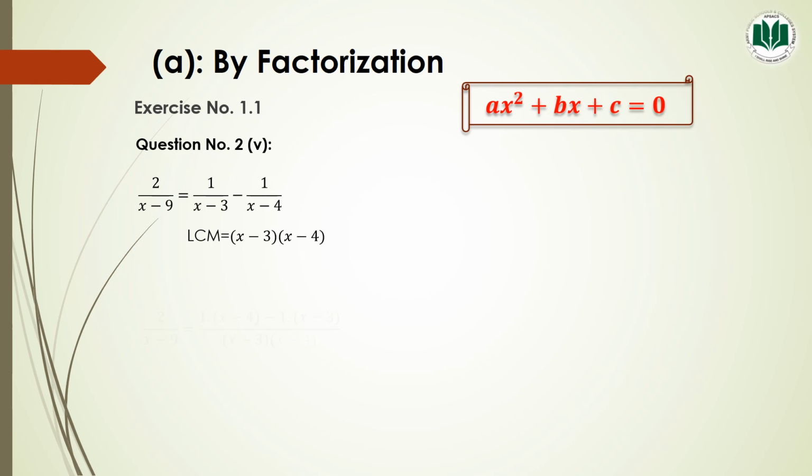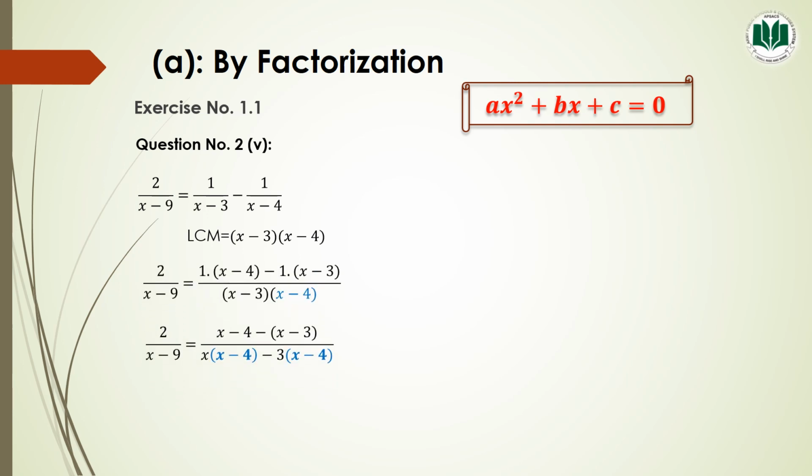For that purpose, take LCM on the right hand side. Now (x minus 3) into (x minus 4) is the common denominator. You know the drill. Now you will expand the numerator and denominator by using the distributive law, x into (x minus 4) and minus 3 into (x minus 4). In the denominator and numerator, it will be simplified.